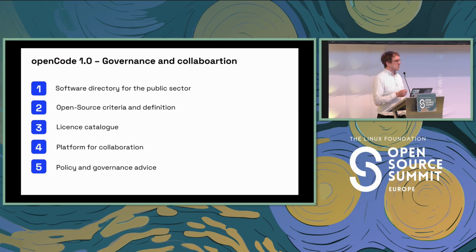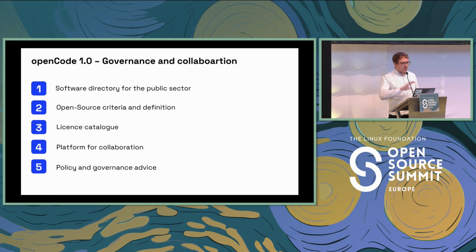What I realized when I joined the project OpenCode 1.5 years ago is that there's so much public sector software written under open source terms, but we don't really have a good culture of reusing it. So we somehow miss the point, but the technology is already there. And so having a curated software directory was the first step.